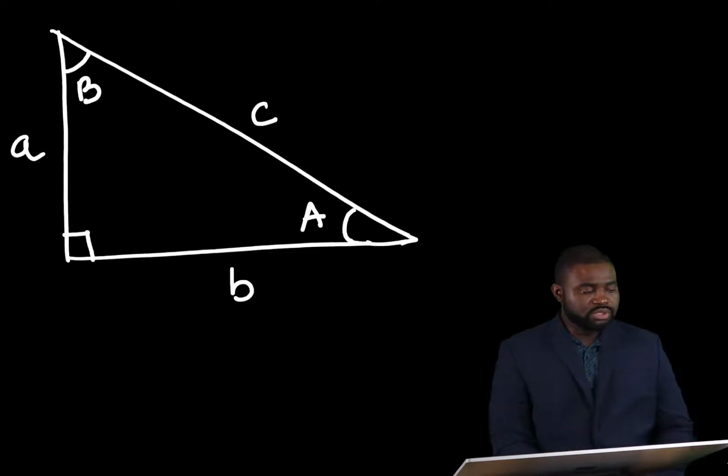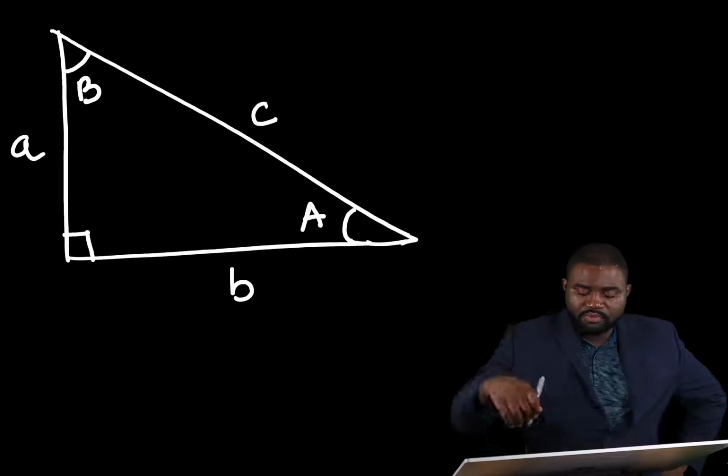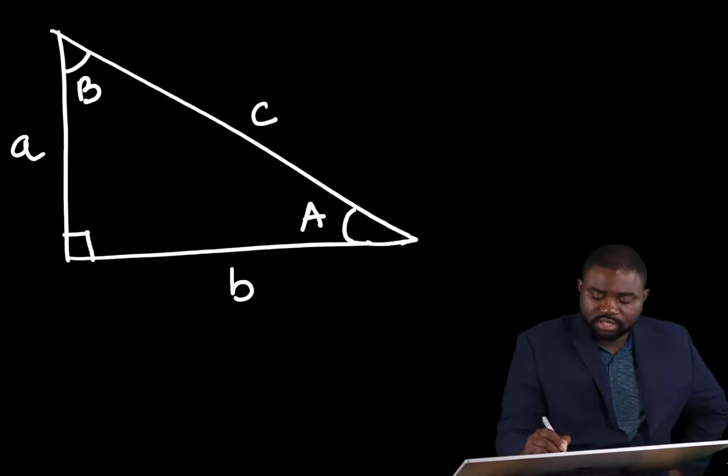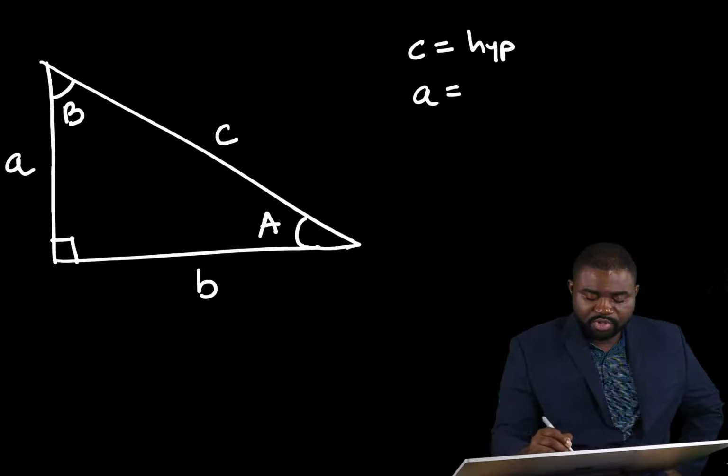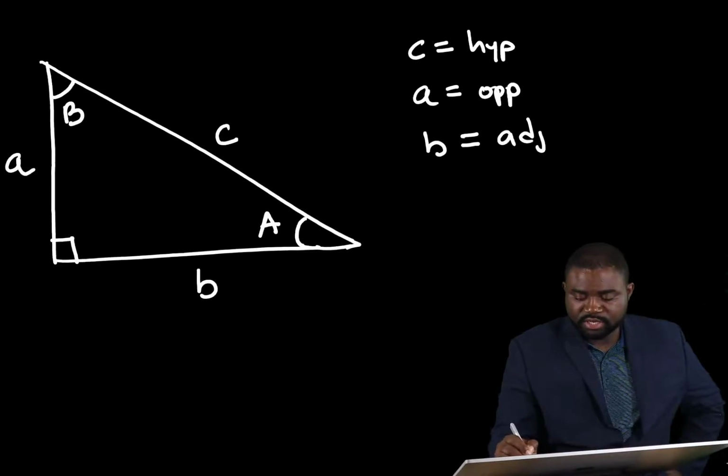So we're going to introduce some basic trigonometric functions. But before we do that, keep in mind that C, the side opposite the right angle, is the hypotenuse. A is simply the opposite, and B is what we call the adjacent in this case.